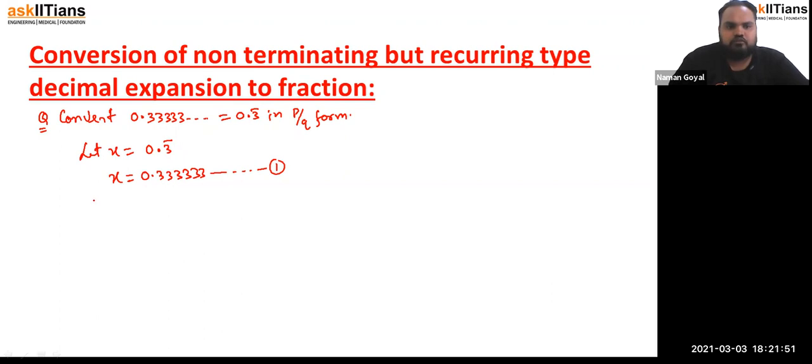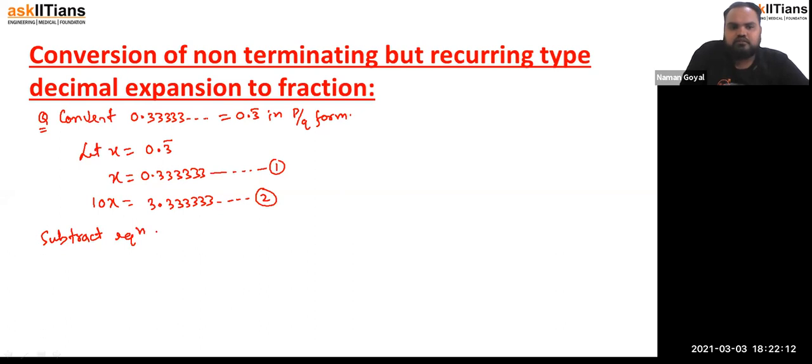Okay, so we are going to multiply the LHS and RHS by 10. So it will give 10x equals, if we multiply this by 10, then the point will be shifted, so it becomes 3.333333 and so on, the second equation. Now subtract the first equation from the second. See what we get.